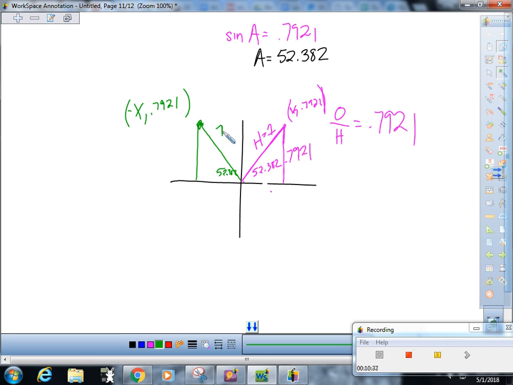And this is still 1. Do you understand what's going on here? Now, what would the sine of this be? It'd be 0.7921, right? The problem is that angle is not 52.382 degrees. The reference angle is 52.382, but what is the actual angle?